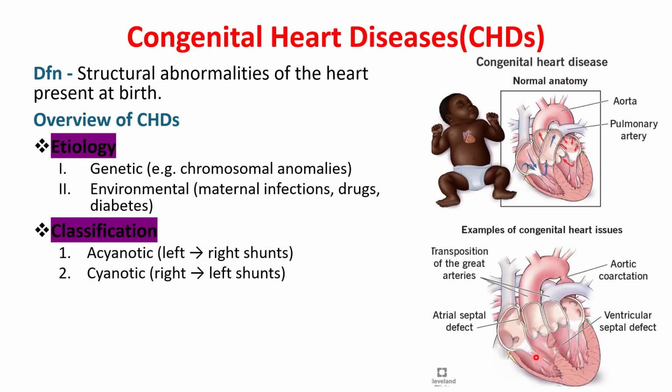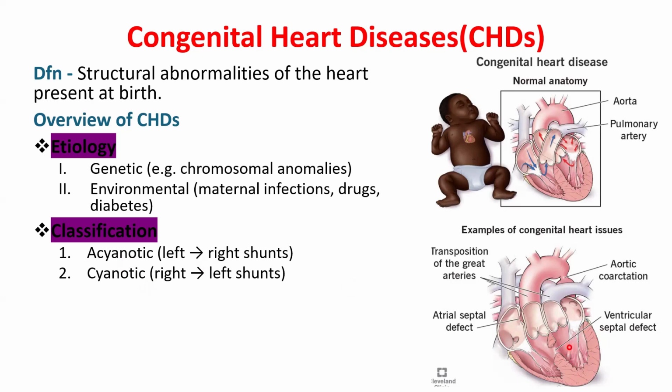Then instead of going from the right ventricle to the pulmonary trunk, you have the blood going into the left side. For example, here you can see the ventricular septal defect. Ideally, it should be complete, but because of that, blood is moving from the right side to the left side without going to the lungs. So that's the reason it's a right to left shunt. Then there is another one that is cyanotic.